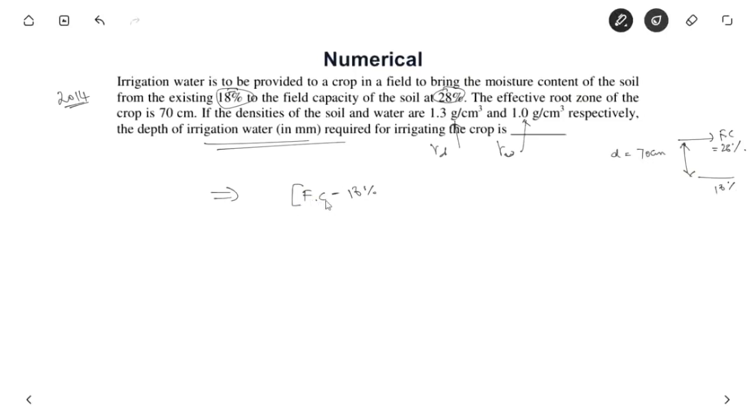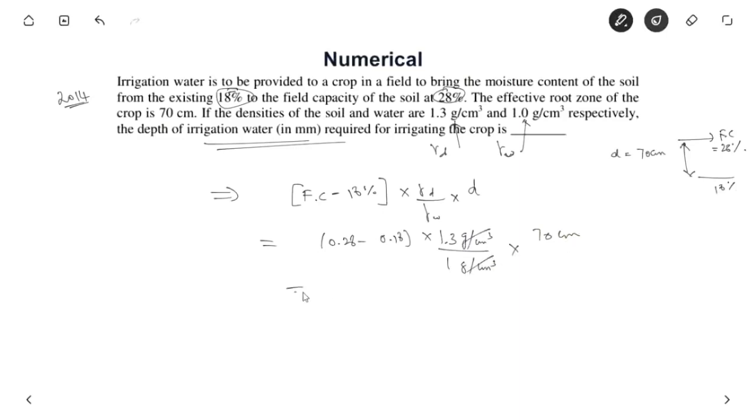So we want to bring it to 28%, so minus 18%, into gamma D upon gamma W into D. So field capacity is 28%, and this gives 0.10 (that is, 28% minus 18%), and then 1.3 gram per centimeter cube upon, be careful here about the unit, 1 gram per centimeter cube, and depth is nothing but 70 centimeter, that's the root zone depth.